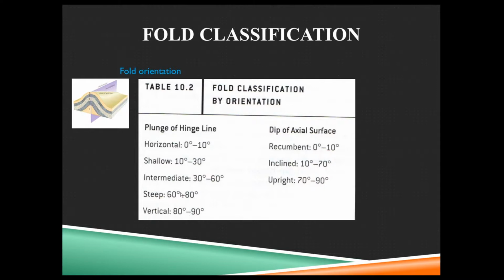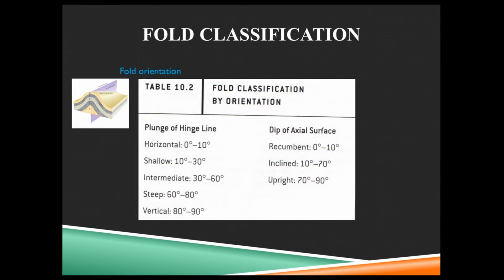And these are the 5 categories that we identify. We don't necessarily need the precise angle. If it's anywhere from 0 to 10, we call it a horizontal fold because it's pretty darn close to horizontal even at 10 degrees. A shallow plunge is anything from 10 degrees to 30 degrees.